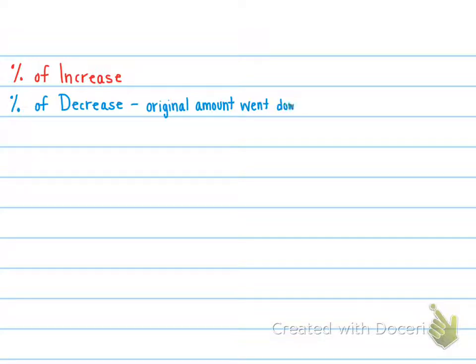A percent of increase is when the original amount goes up. So we're going to, in these next problems, find the actual percent instead of the number, the part or the whole.